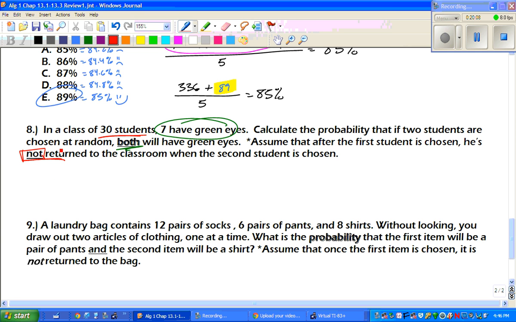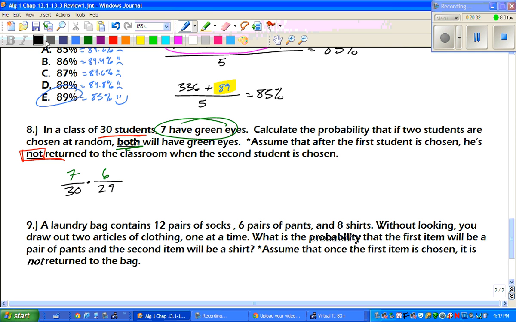Okay? So we have 30 students, and there's only 7 students that have green eyes. Okay? But now the next time one student goes away, and the student that goes away has green eyes. So now there's only 6.